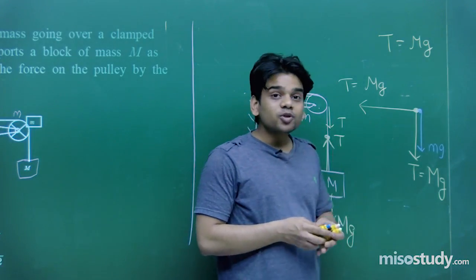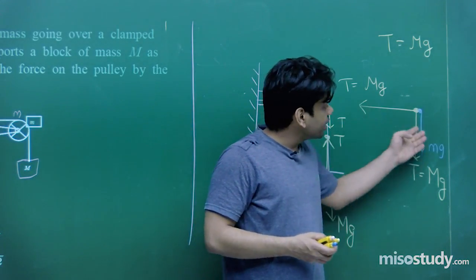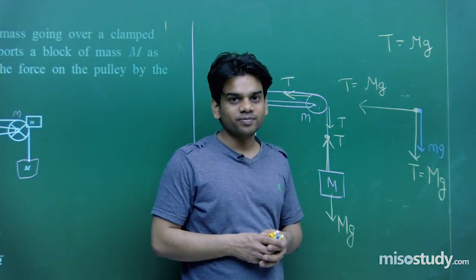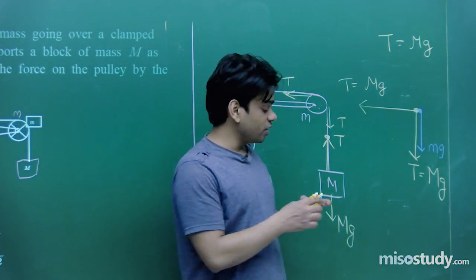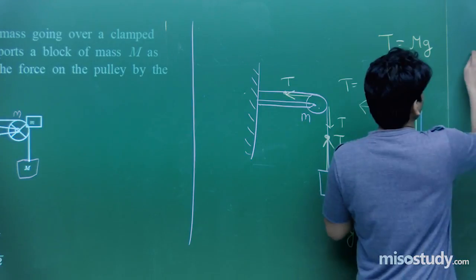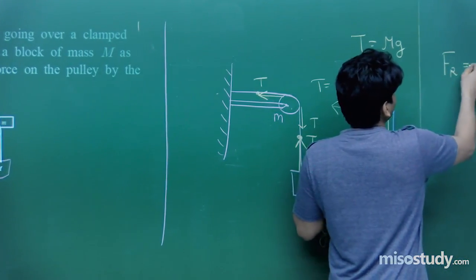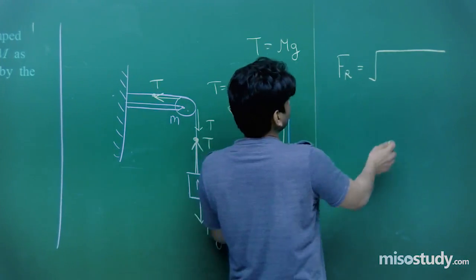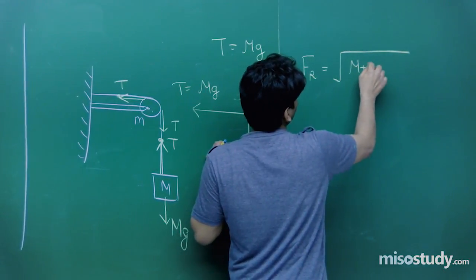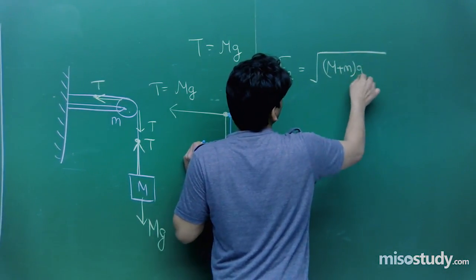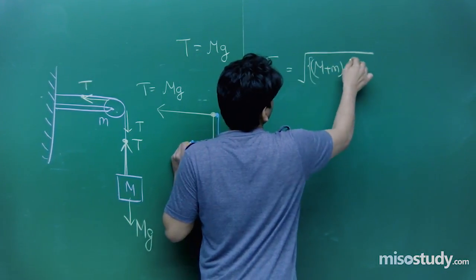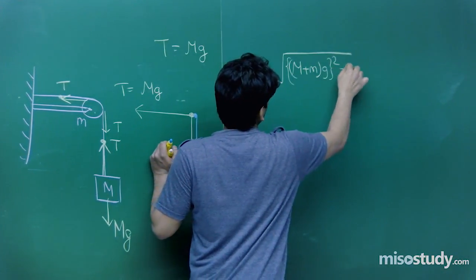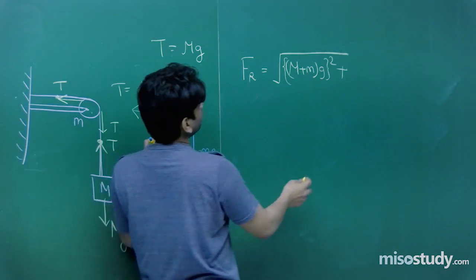The clamp is going to balance the resultant of these three forces. The resultant F will be equal to the square root of (M plus m) g whole square plus Mg whole square.